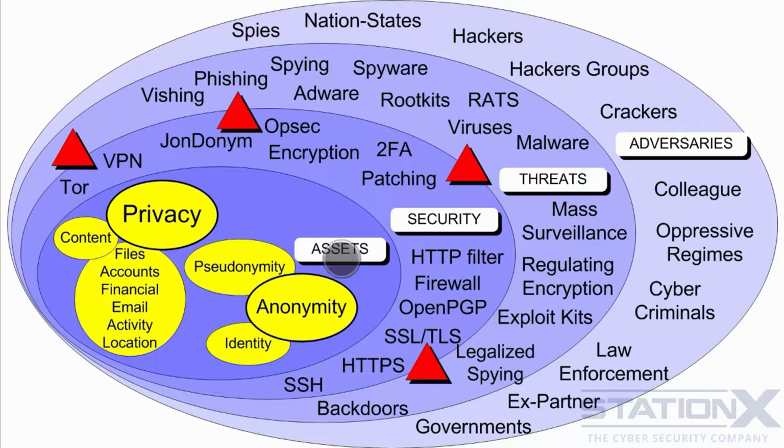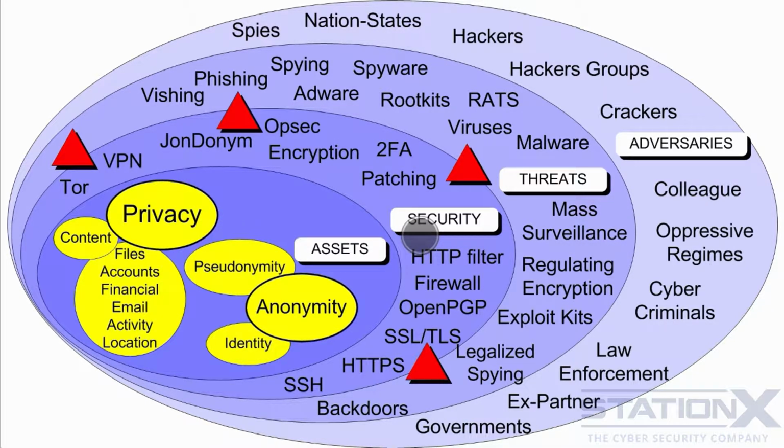The assets are individual to you, your personal needs. And to protect these assets, we apply security through various security controls. Security controls are VPNs, encryption, OPSEC, patching, HTTP filters, OpenPGP, locked screens, and the others that you can see here.